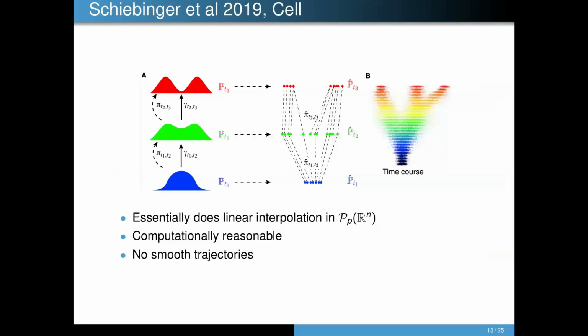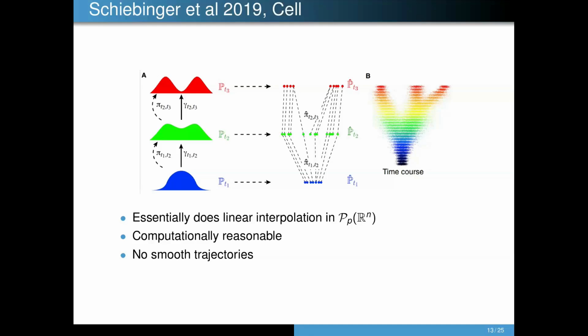One we have already mentioned, so this is going back to this cell paper by Schiebinger, which was somehow the first real motivation for doing these problems. The way they're doing it is a nice idea, but also quite simple. Let's say you have 3 point clouds. These are blue, green, and red. Blue is the first in time, green is the second in time, and red is the next in time.